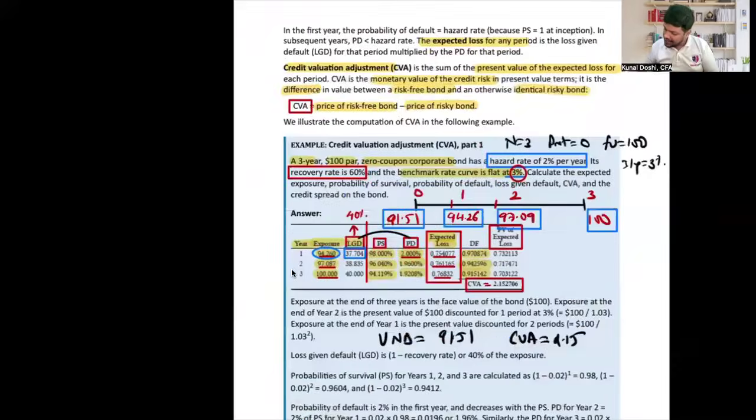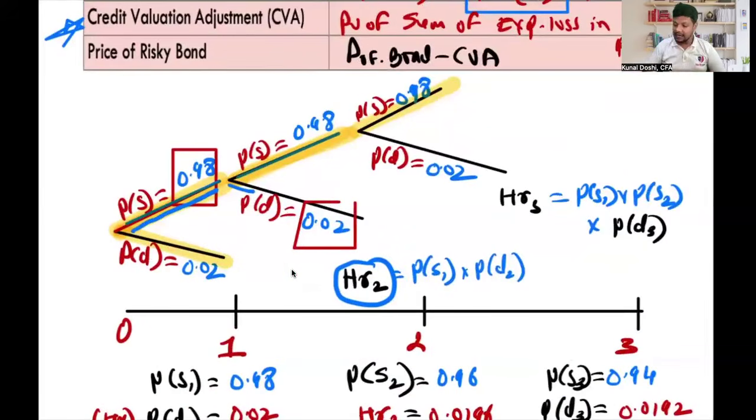For example, let's say the probability of default in a year is 2%. So the probability of survival is 98%. Correct? Now, if I survive in the first year, then comes the second year. In the second year, the probability of survival and default is the same thing. But when I want to look at the cumulative probability of default in the second year, or the hazard rate, it takes into consideration that I will default in the second year, but it also assumes that I did not default in the first year.